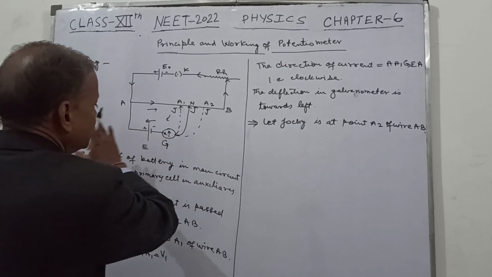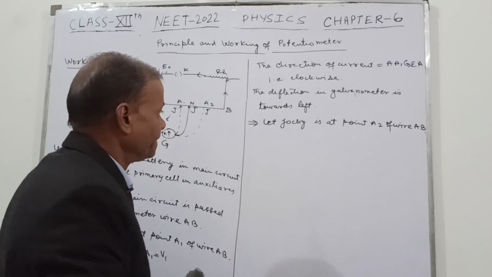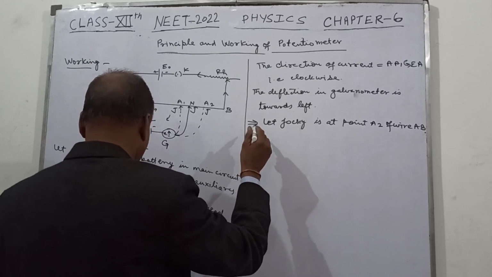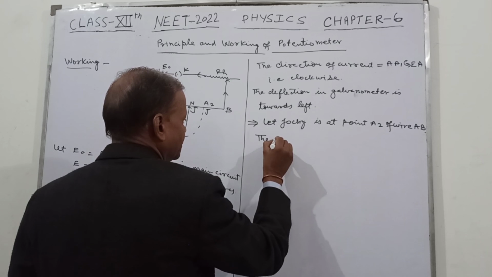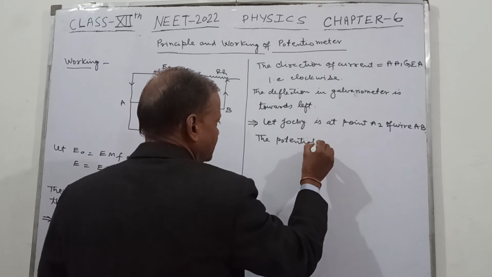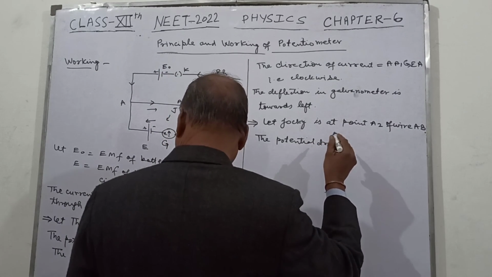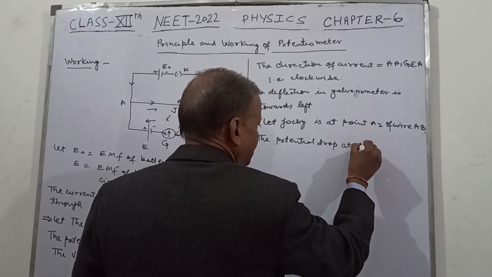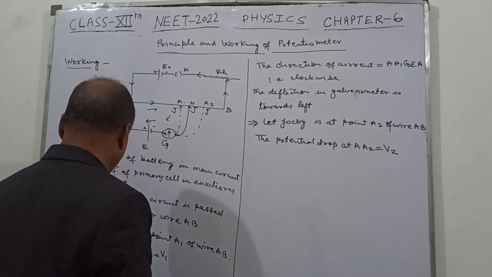Now the length has increased, so the potential drop has been increased. The potential drop at A2 is equal to V2.